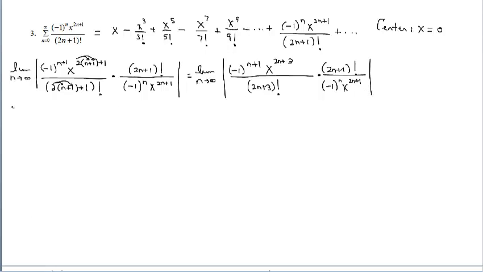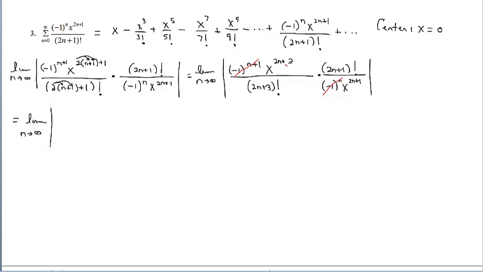Okay, and running out of room, I'm going to come down here. I think we can start canceling some things. All right, so because we're doing the absolute value, neither of these matter here. They're both going to be positive at the end. We can see right up here that we have x to the 2n times x cubed, and this is x to the 2n times x to the first.